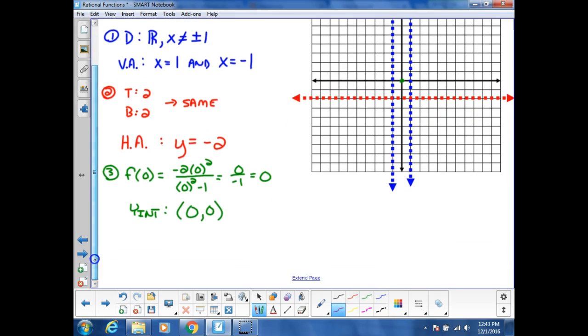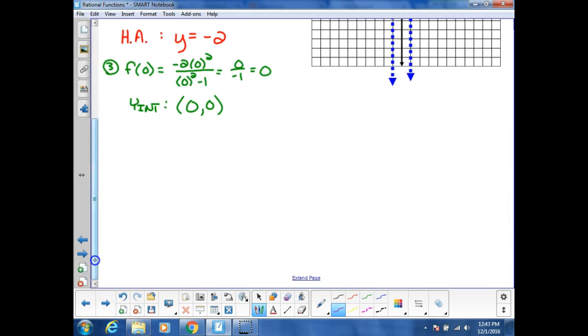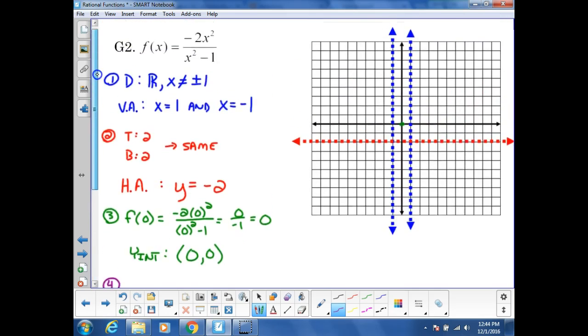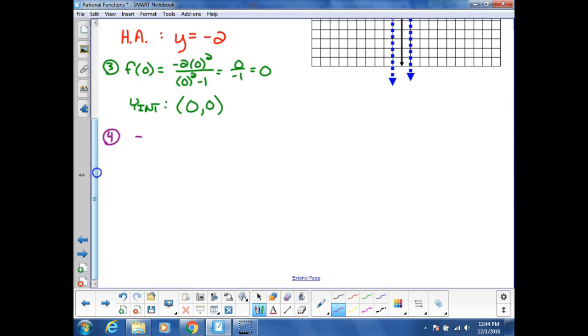So my fourth step is set the numerator equal to 0. The numerator was negative 2x squared. When I solve that, I get x squared equals 0. Does that ring any bells for anybody?